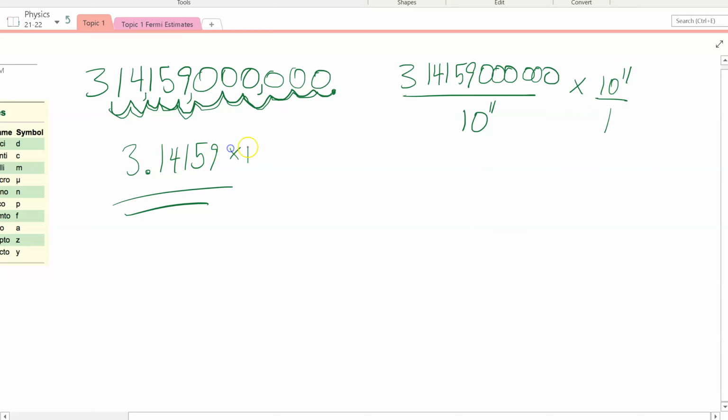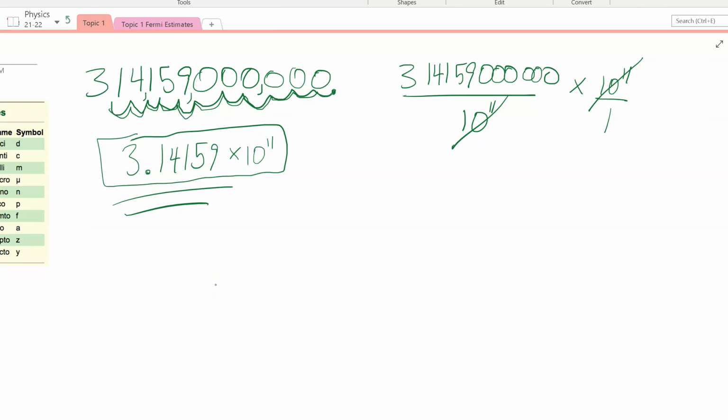How does that fix it? Well, when I moved the decimal, what I really did was divide by 10 to the 11. Now if I multiply by 10 to the 11, I'm not actually changing the value of the number. It's just the same number. So 3.14159 times 10 to the 11 is the same number that I started with. It's just more convenient to write now.